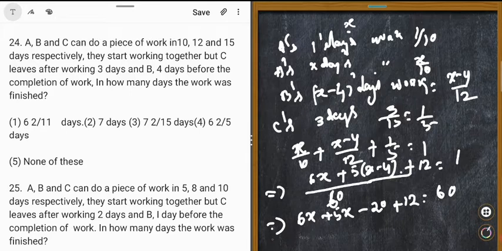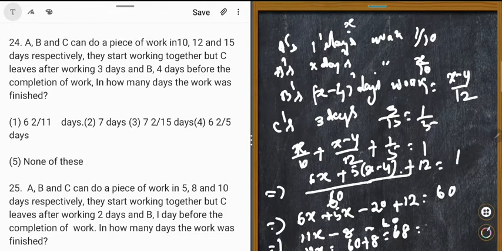Could you understand? This implies that 6X plus 5X is equal to 11X, minus 20 plus 12 is equal to how many? Minus 8. Could you understand? Is equal to 60. This implies that 11X is equal to 60 plus 8, which is 68.